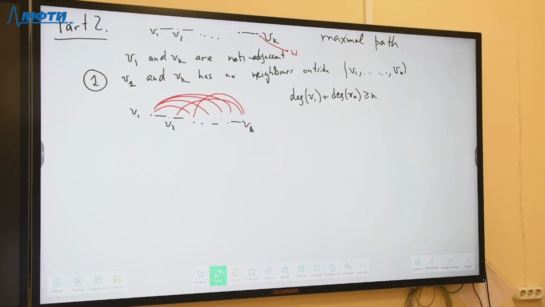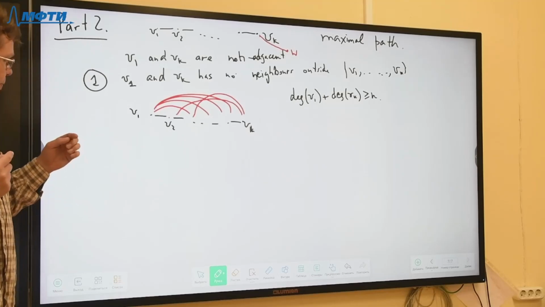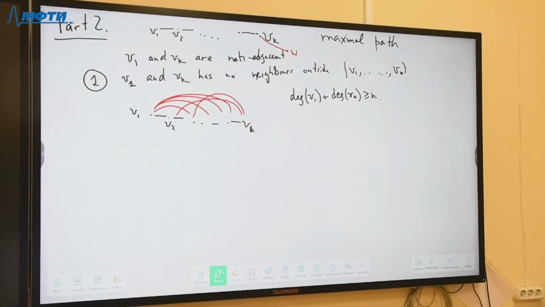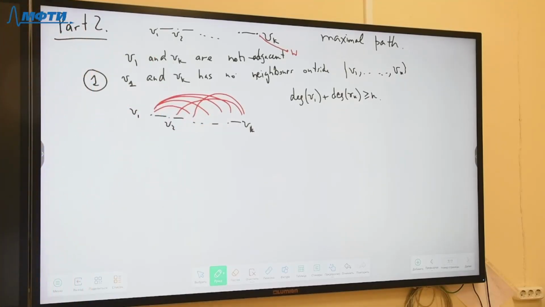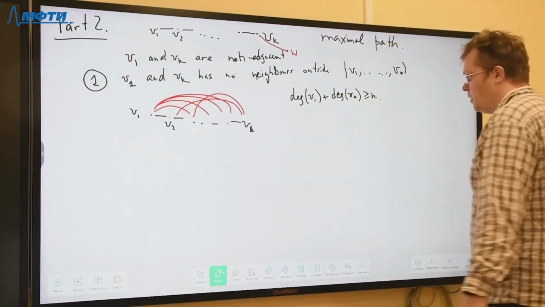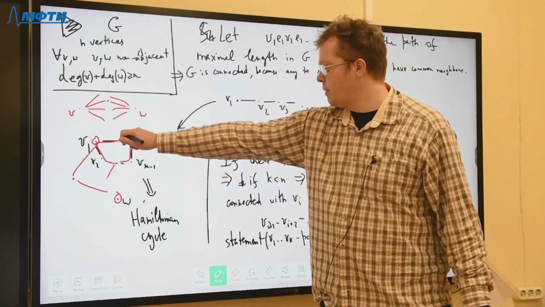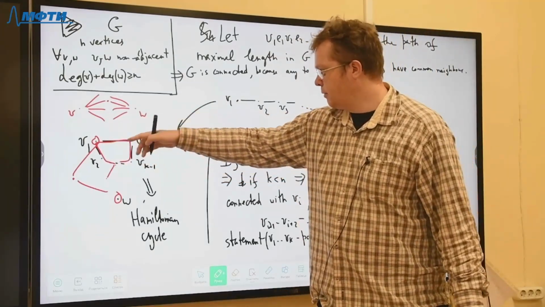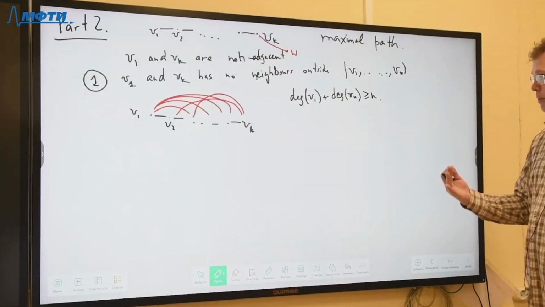Let me ask you the question. If we have some edges here, then maybe we can construct a cycle. If we can construct a cycle of length k, we can use the previous idea. So if we somehow construct a cycle with these vertices, then we can use the previous case and prove that we have a Hamiltonian cycle.